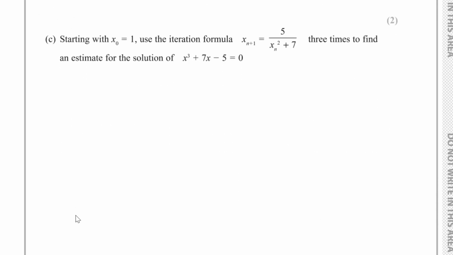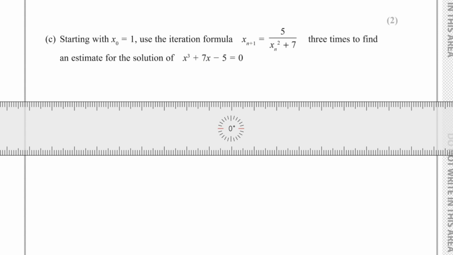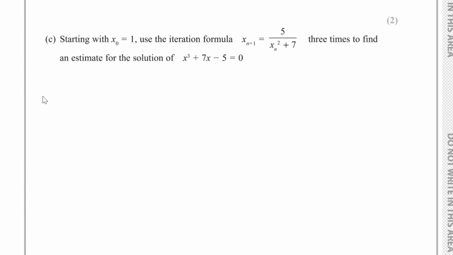And now for part C, starting with x naught equaling 1, we have to use the iteration formula x n plus 1 equals 5 over x n squared plus 7 3 times to find an estimate for the solution of x cubed plus 7x minus 5 equals 0. Well, first of all, we've been given that x naught is equal to 1.